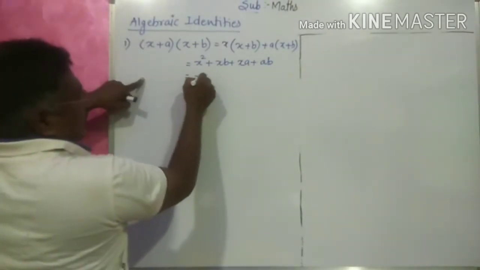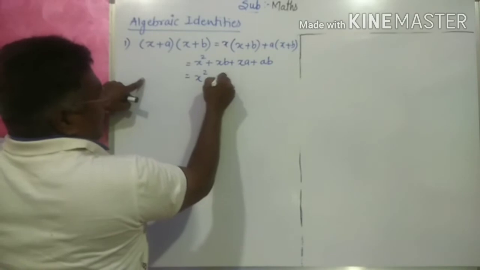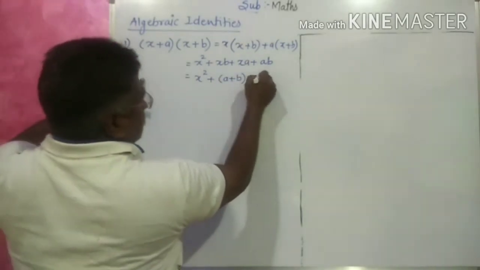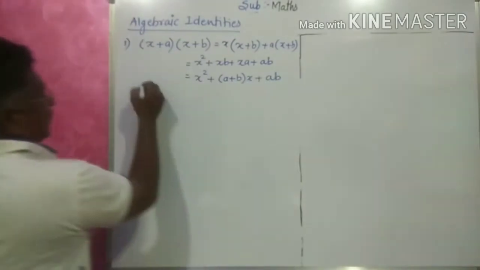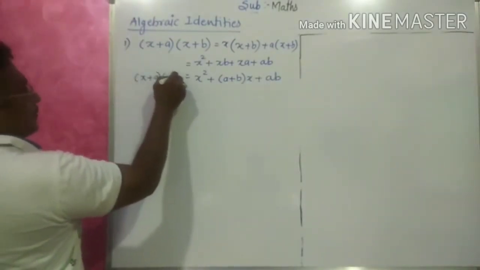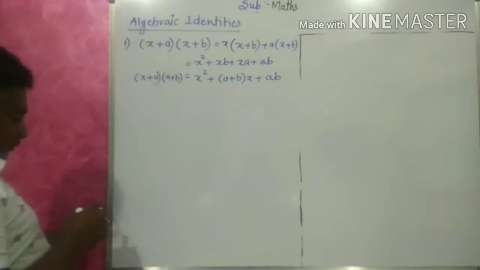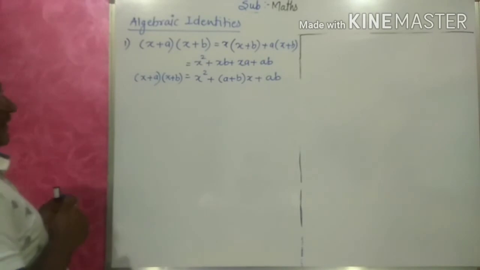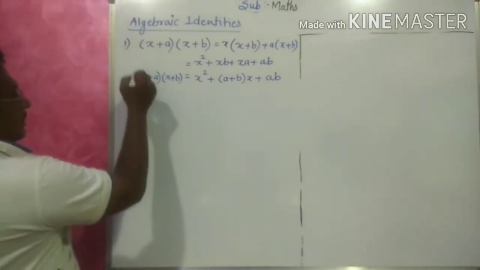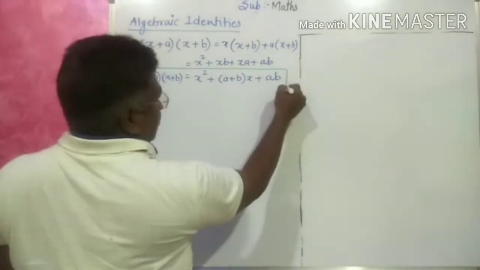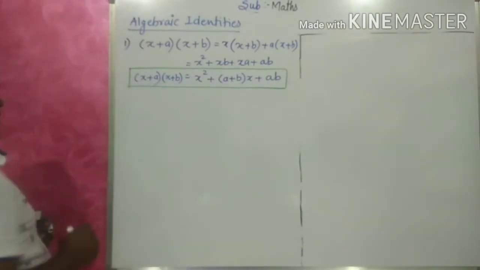So we get x square plus (a plus b) into x plus ab. So (x plus a)(x plus b) equals x square plus (a plus b)x plus ab. This is the first identity.